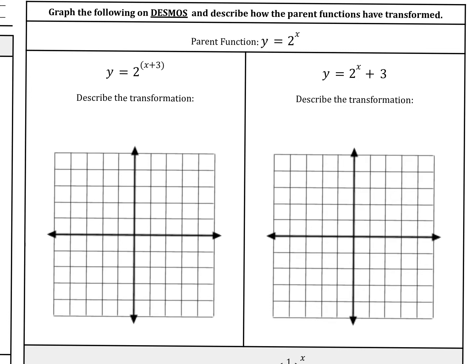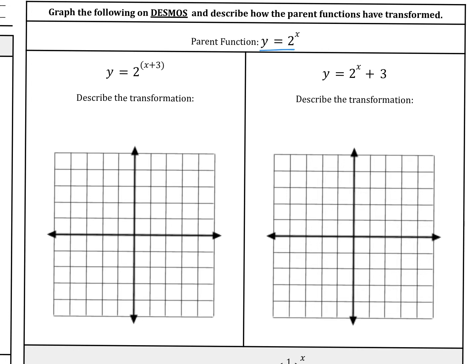In this case, we are going to graph the following function on Desmos and describe how the parent function has transformed. The parent function for these two is y equals 2 to the power x.